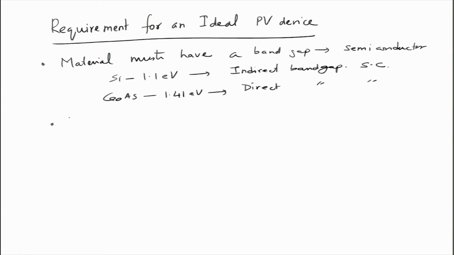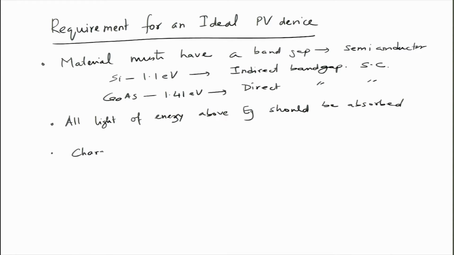Second is, all the light of energy above Eg should be absorbed. And then charge separation: all the electron hole pairs you create must all get separated.